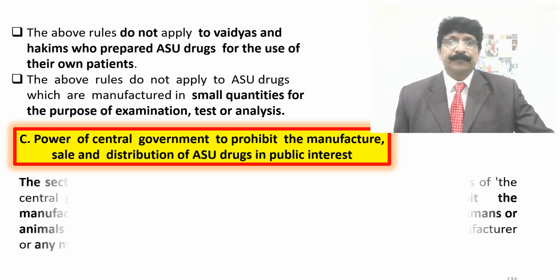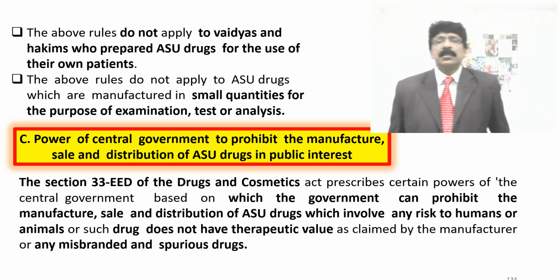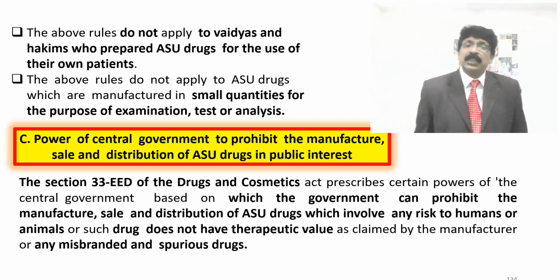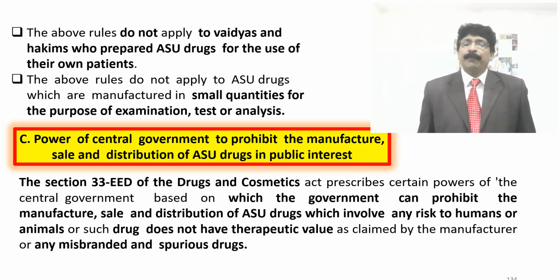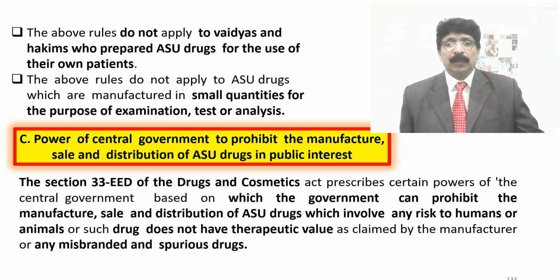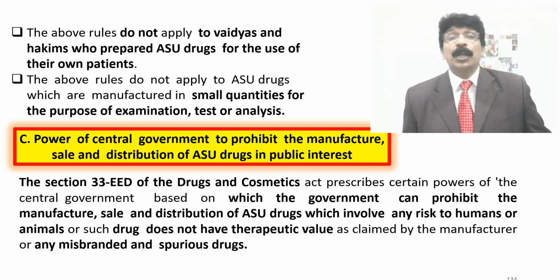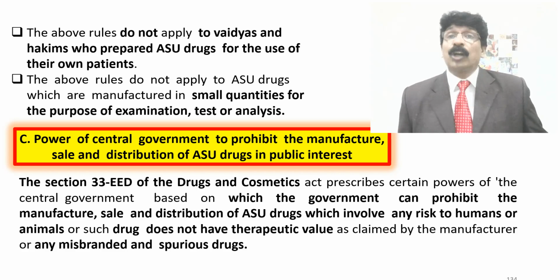Section 33 EED of the Drug and Cosmetic Act prescribes certain powers of the central government, based on which the government can prohibit the manufacture, sale, distribution of Ayurveda, Siddha, Unani drugs which involve any risk to humans or animals, or which do not have the therapeutic value claimed by the manufacturer, or any misbranded or spurious drugs.